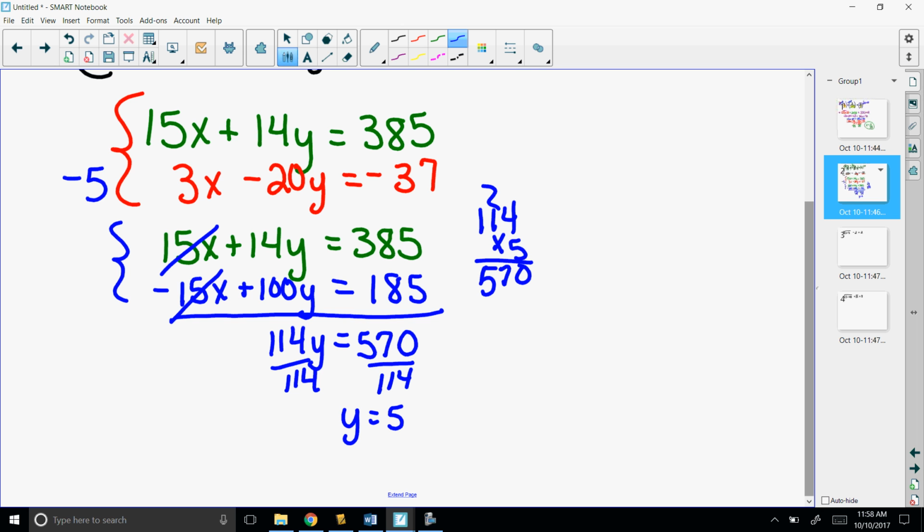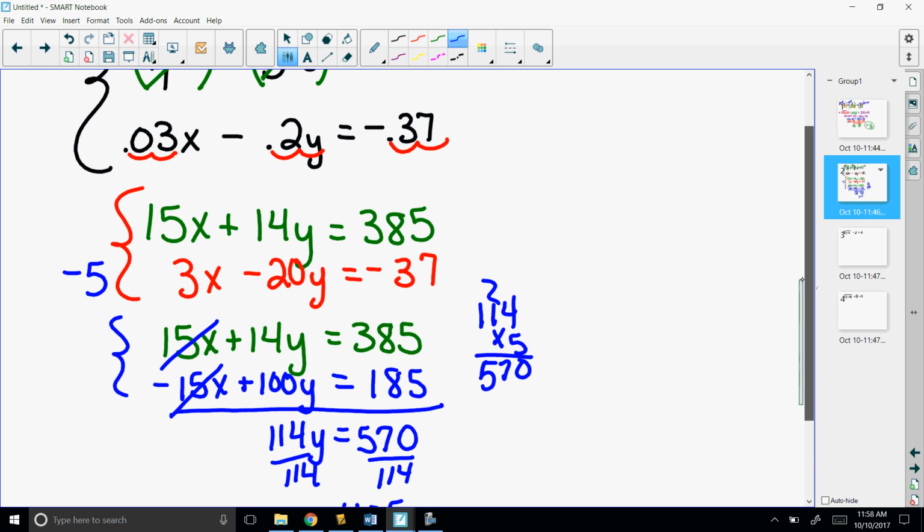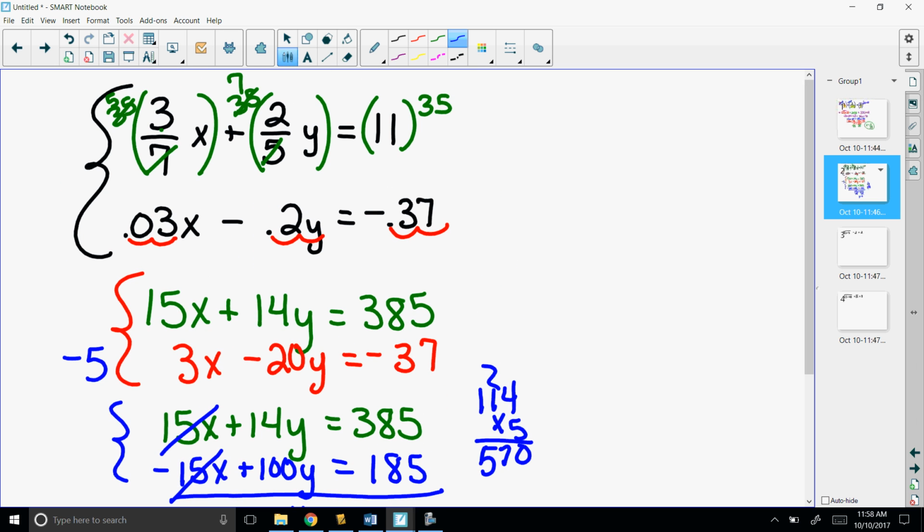Are you done? No. We've got to figure out what x is. Where do I go back and figure out what x has a value of? Put it in the red one. So we're going to take this equation here because it seems easier. We don't want the decimals. We don't want the fractions.